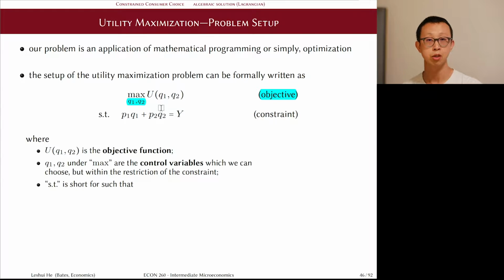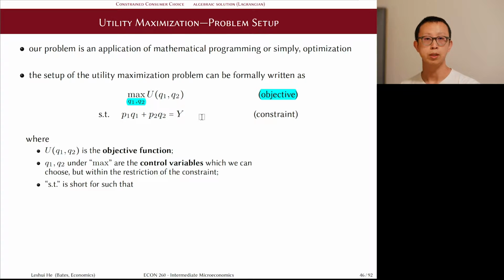But we cannot choose the prices of the good or the budget the consumer has. In other words, P1, P2, and Y are the exogenous variables in this model. They're given to us. On the other hand, Q1 and Q2 will be determined by looking for the quantity pair that maximize the utility function under the budget constraint.